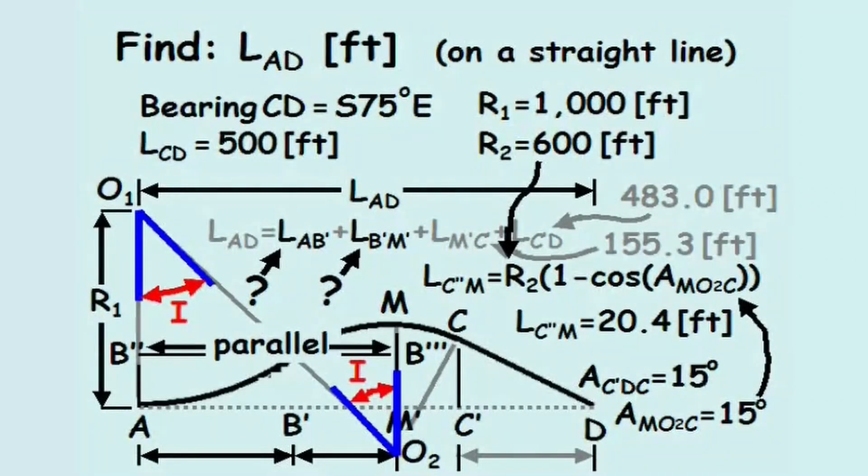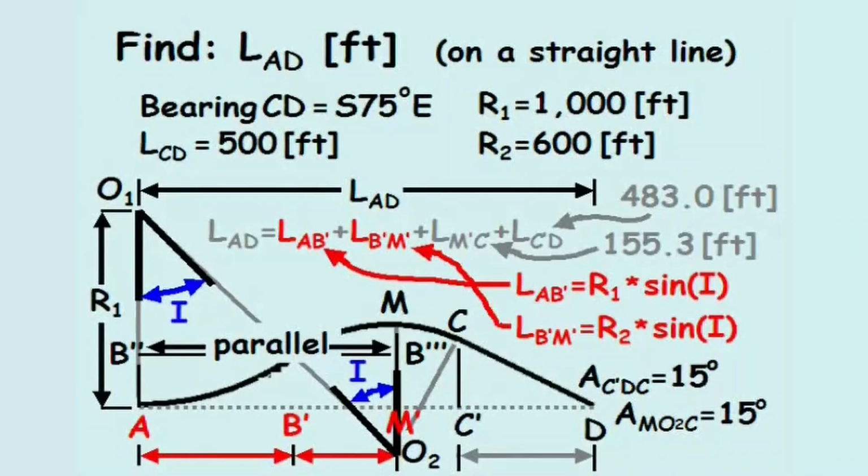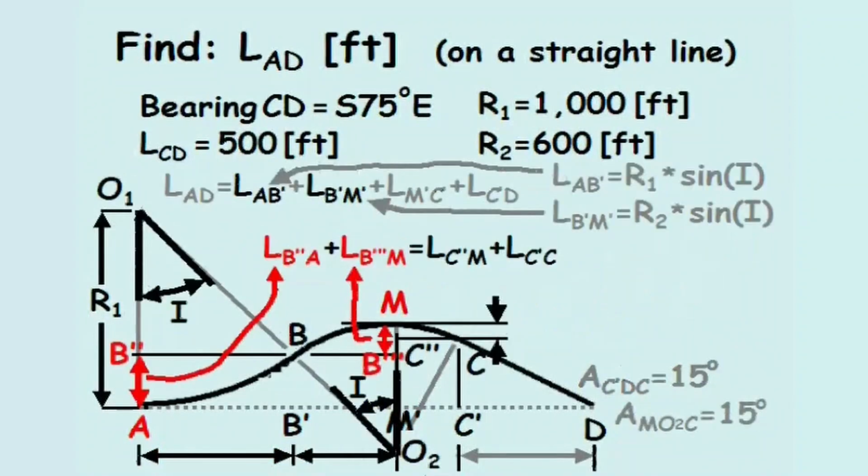The lengths of segment AB' and segment B'M' are functions of the radii of the two curves and the sine of angle I. To find angle I, we'll equate the vertical line segments B'A and B'M to the length of vertical line segments C'M plus the length of segment C'C.